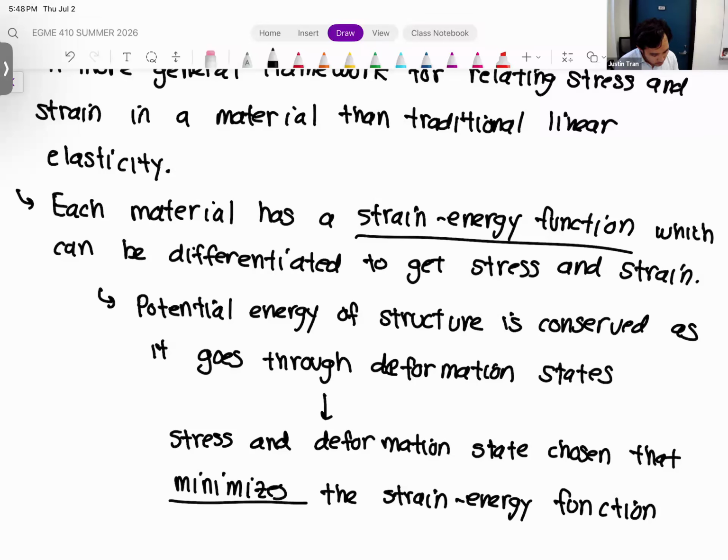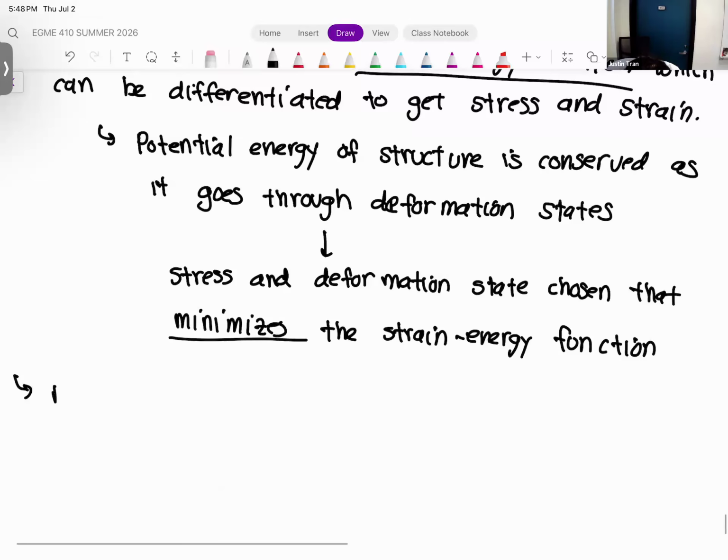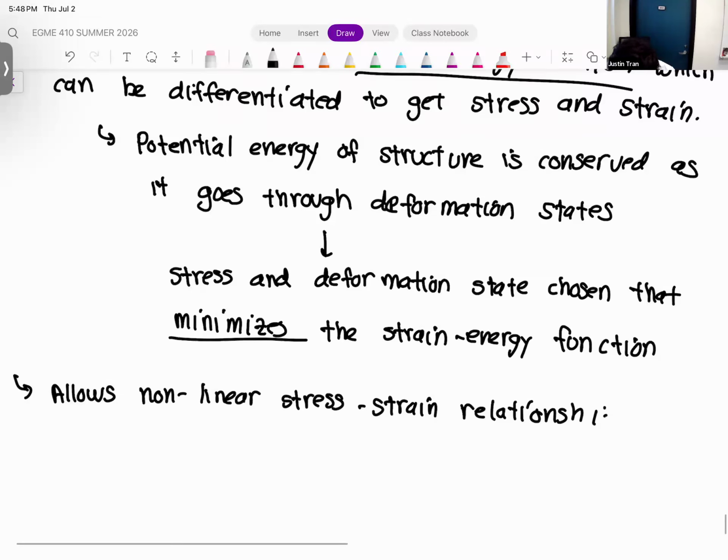So the upshot is that with hyperelasticity, we break out of the shackles of linear elasticity, where we can have nonlinear stress strain relationships right from the get-go. Another thing to note is that in hyperelasticity, there's no concept of plastic deformation.